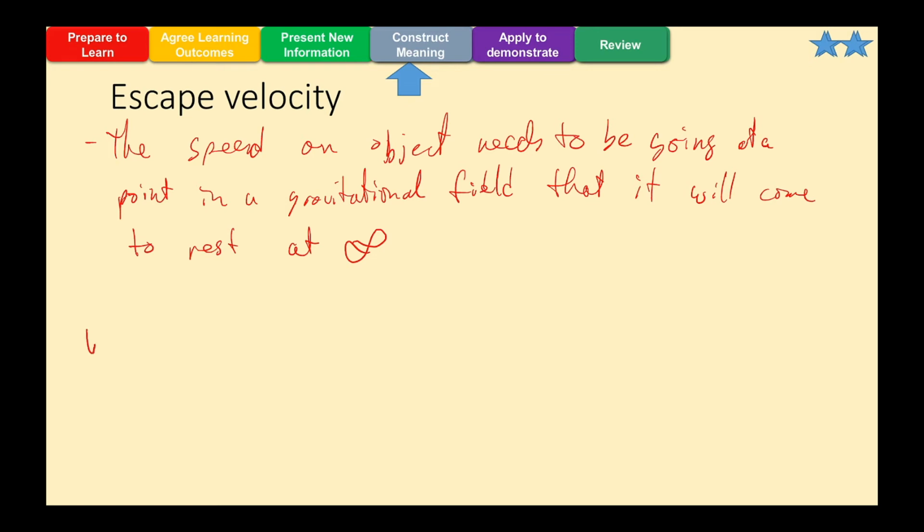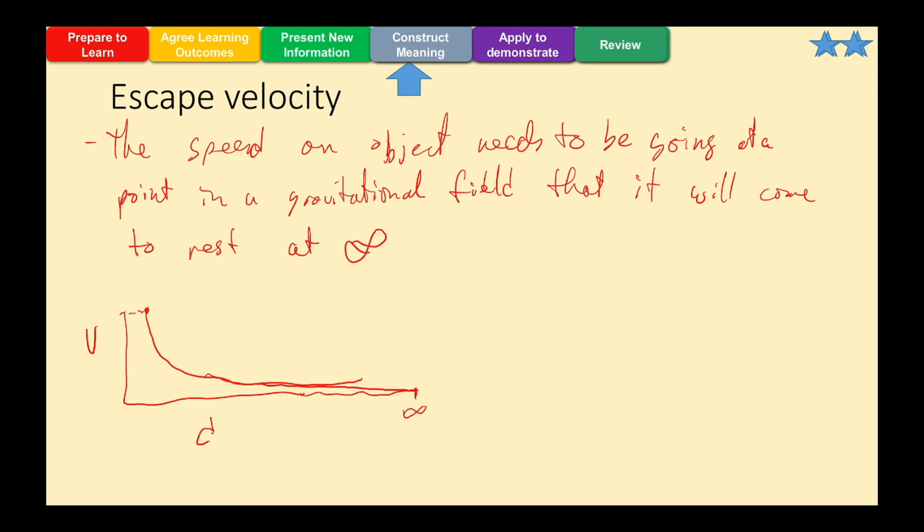And if we look at a velocity versus distance graph, if you are traveling at your escape velocity, you won't reach zero until infinity. Okay, so you reach exactly zero at infinity.